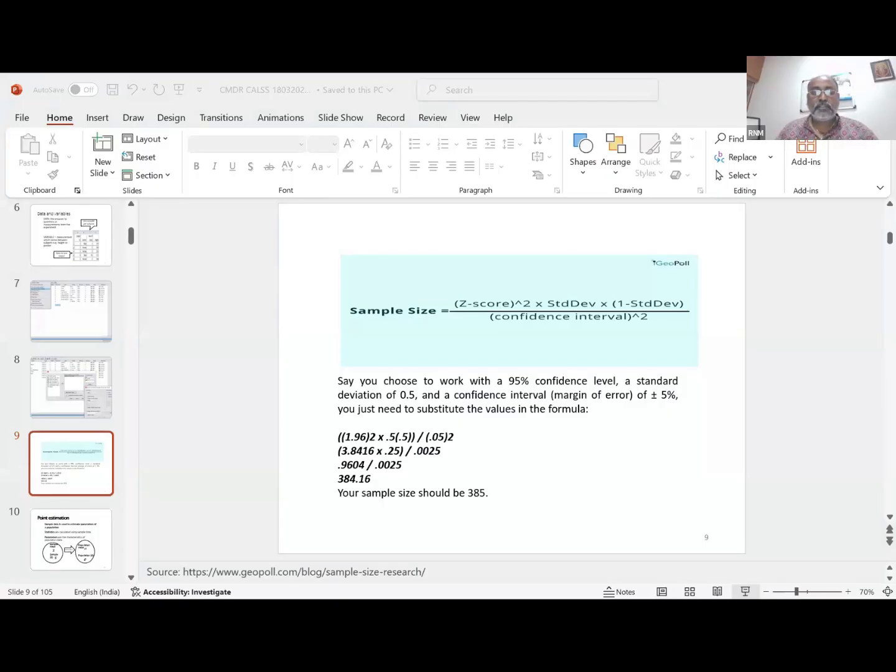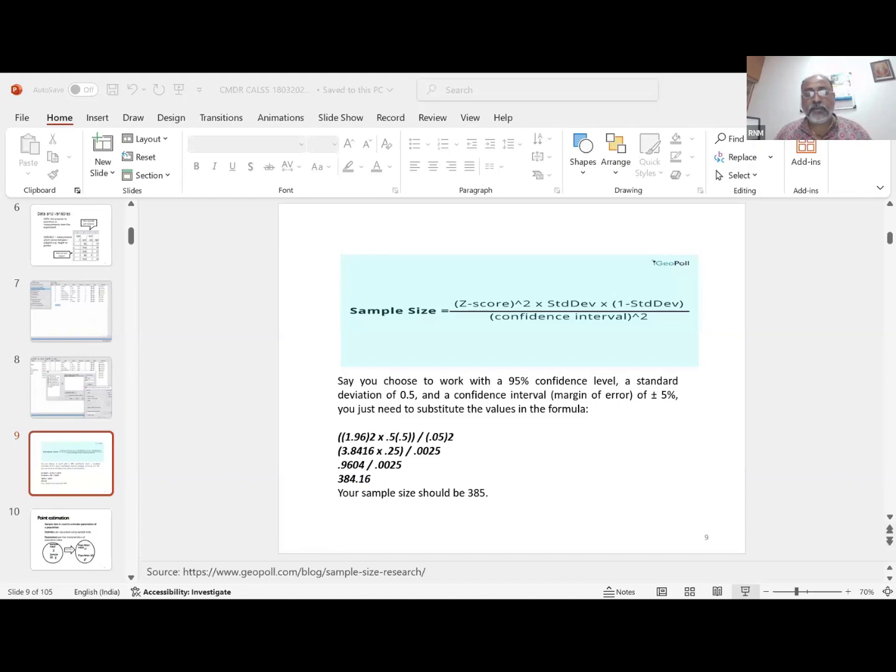Okay. So this is a simple formula where you can do sample size estimation based on very important things. One is the standard deviation, the dispersion from the mean, where people invariably take 50% cases either way.